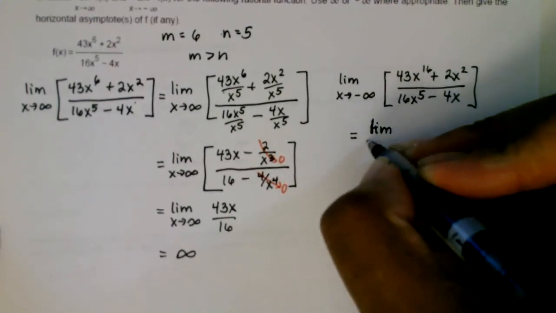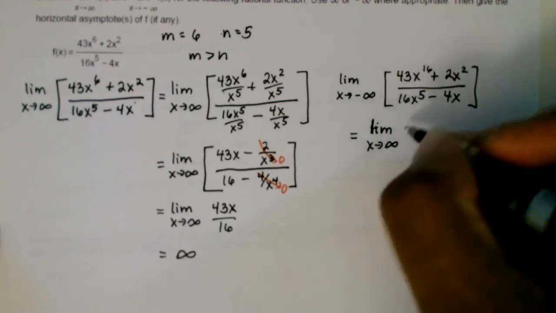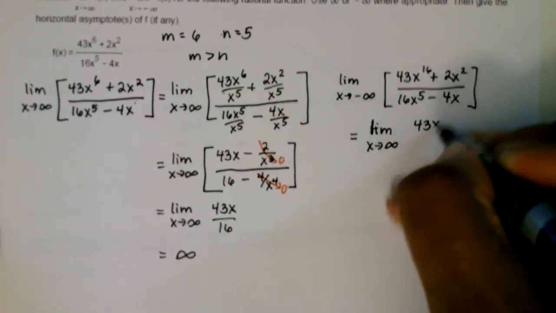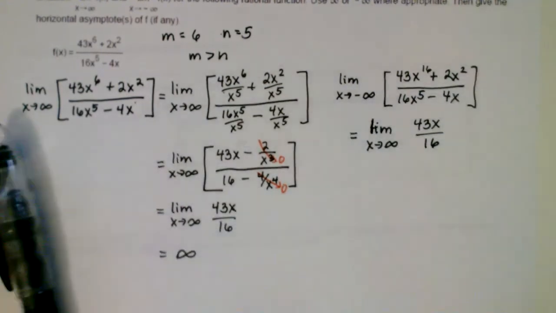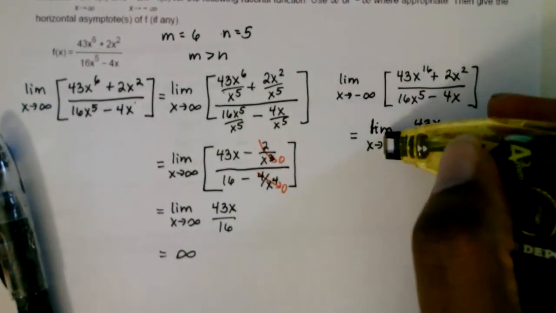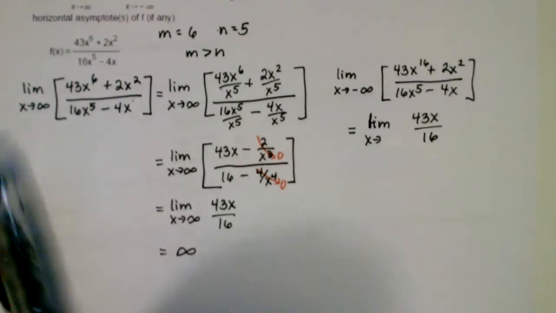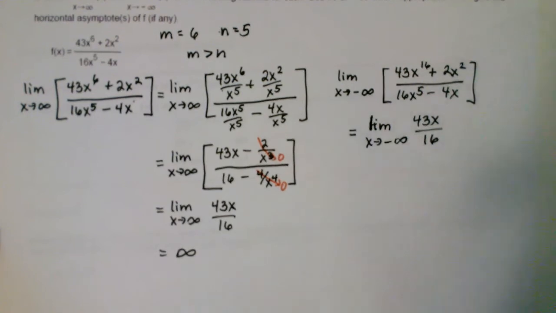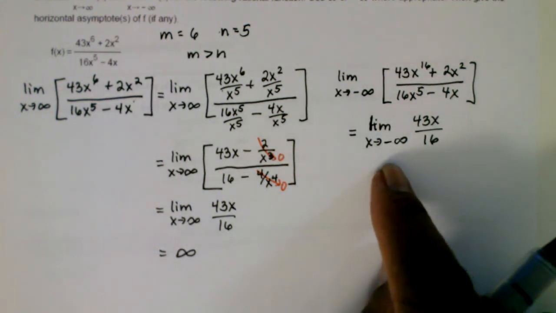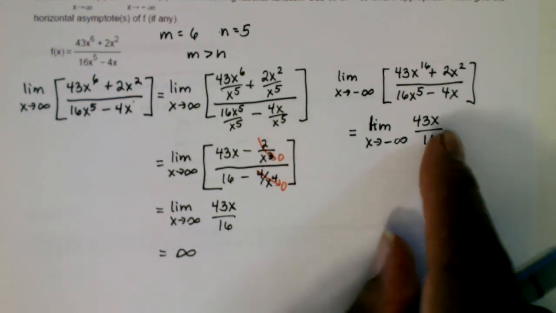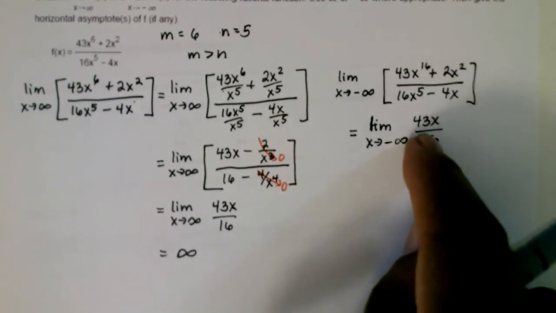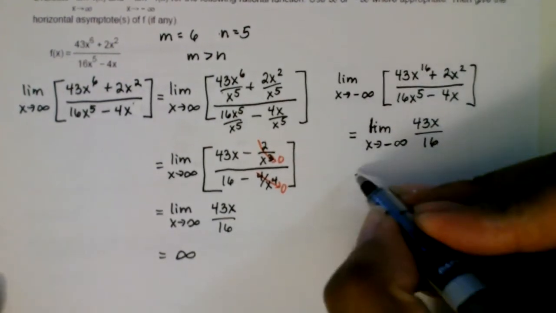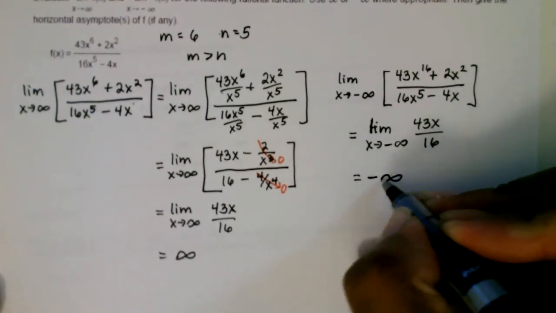So let me bring down the limit as x approaches negative infinity of 43x over 16, because we already found the limit as x approaches positive infinity. But what about negative infinity? Okay. So as x gets smaller and smaller and smaller, this is getting smaller and smaller and smaller right here. So it's heading towards negative infinity.